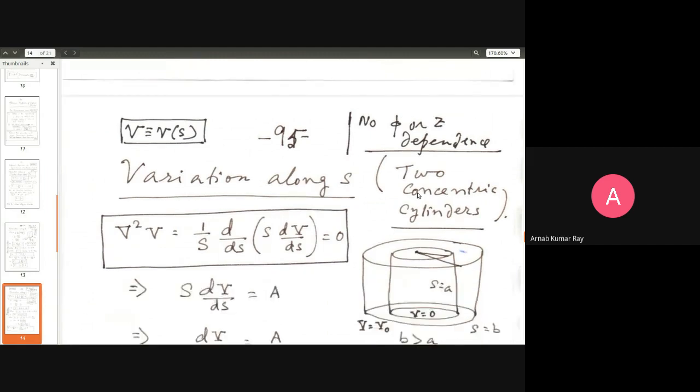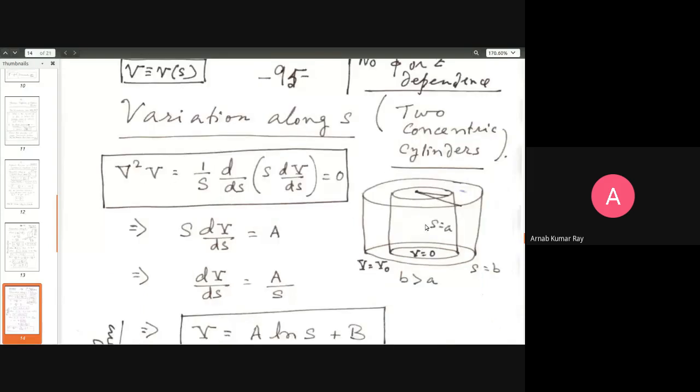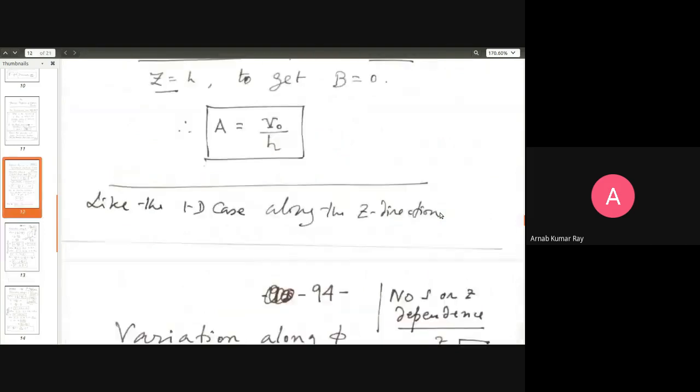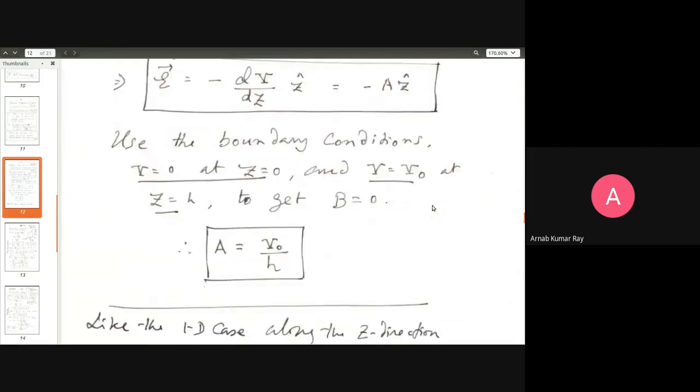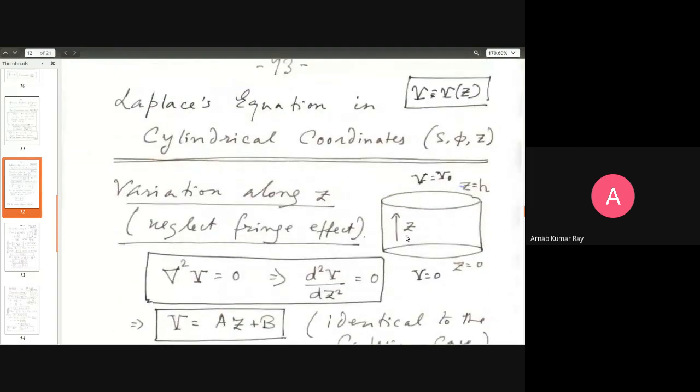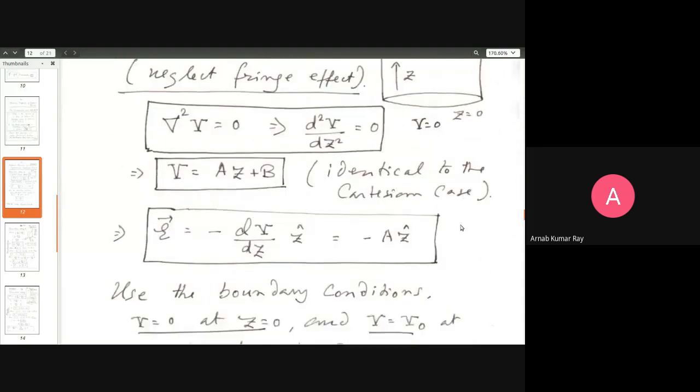Let us see. No phi or z dependence. Variation is only along the s direction, and you have got two concentric cylinders. So I hope you are able to get the geometrical idea very clear. When you are talking about the z variation, the two boundaries are the bottom disk and the top disk. Both are flat surfaces, by the way, but they have a circular edge, circular periphery.